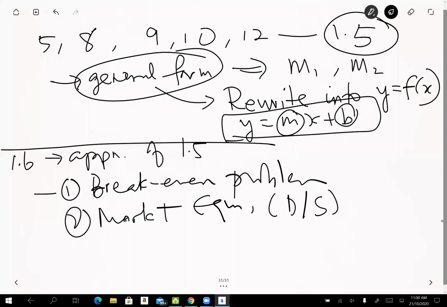Break-even. What is break-even? Break-even is the following. Break-even means the profit, call it P, equal to 0. Your profit equals 0. So what does it mean?